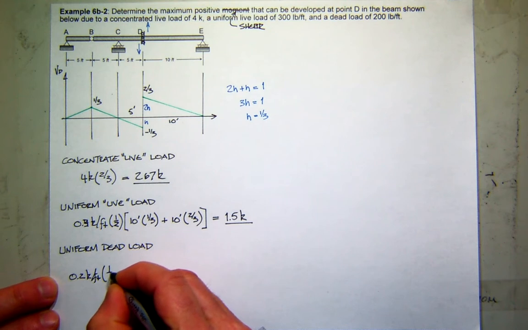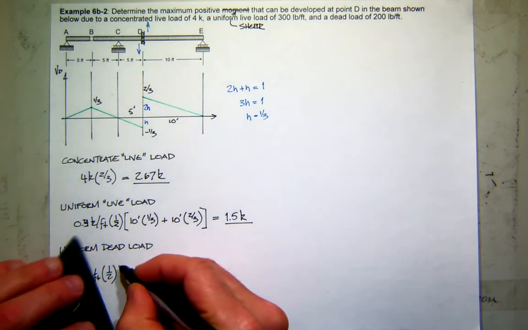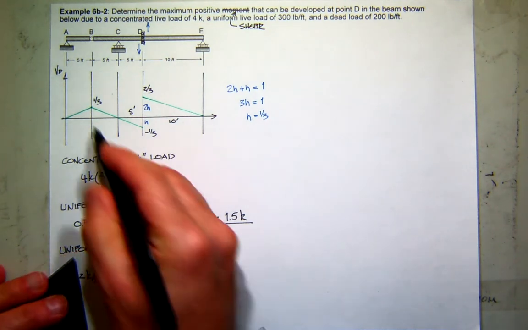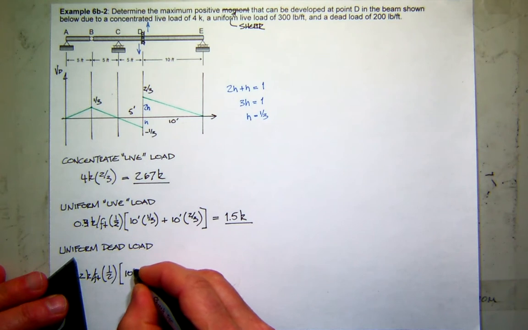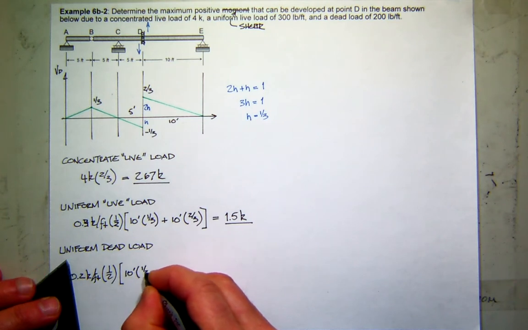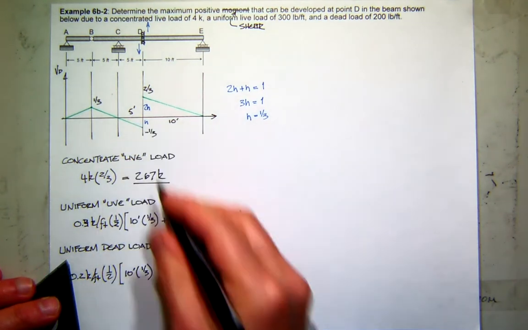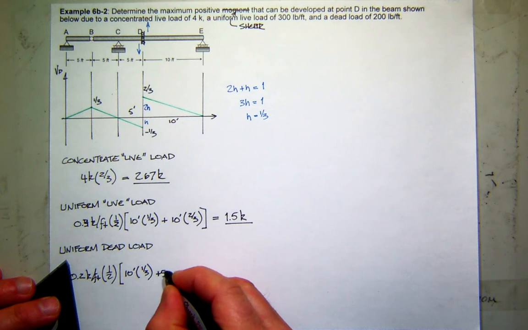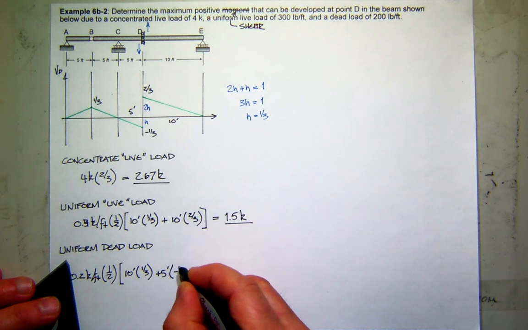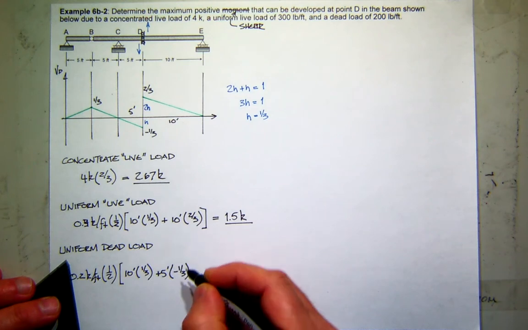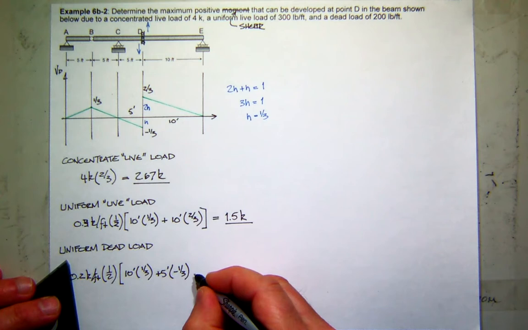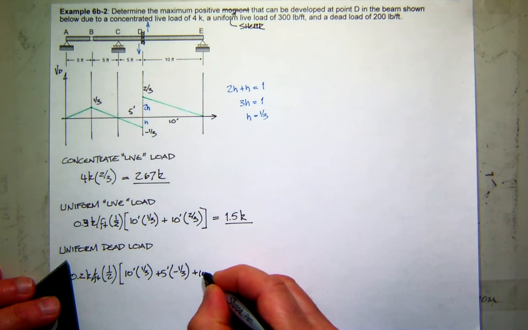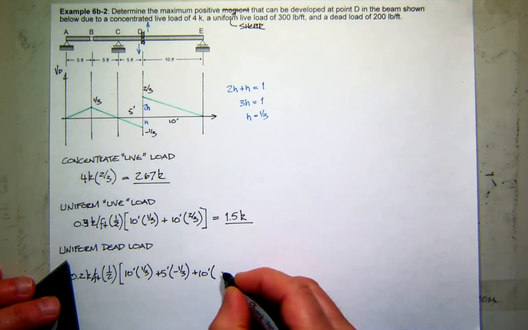And again, we have a bunch of triangles, so I'll put the 1/2 out front. So starting here, I've got a base of 10 feet, a height of 1/3. Next piece is a base of 5 feet, a height of minus 1/3. And then the third portion would be a base of 10 feet and a height of 2/3.